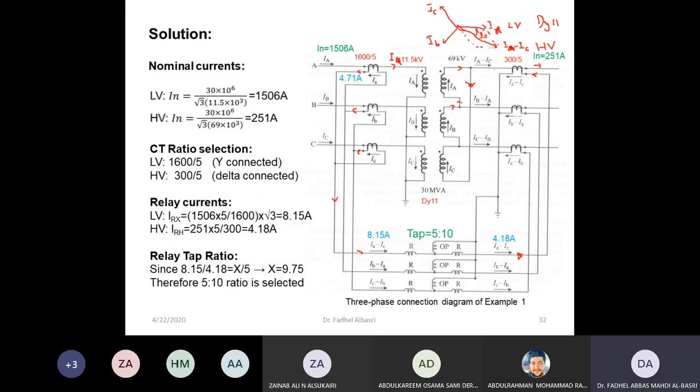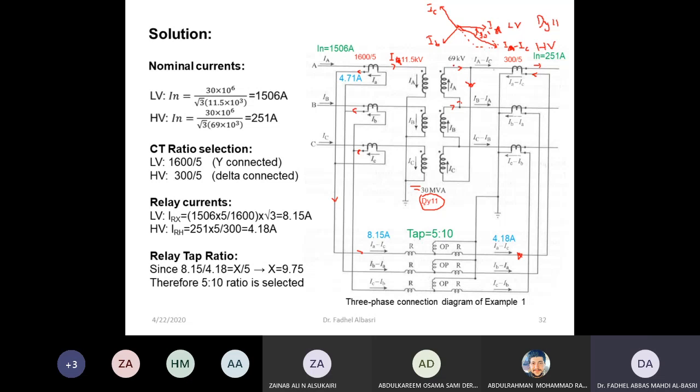It is a star, right? It's already star. So it is a star connected. You don't get confused with this. Maybe you are looking to this, right? That's why you say delta is this side. No, this doesn't mean the sequence. Okay? Delta means delta of the HV. If it is capital letter, it means HV side.